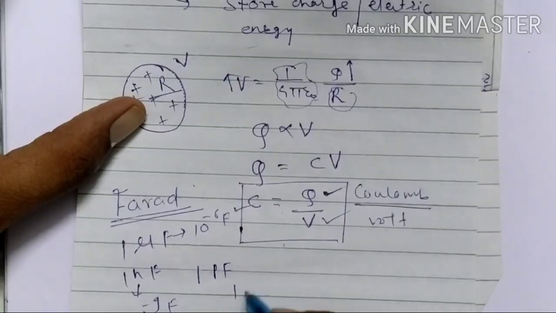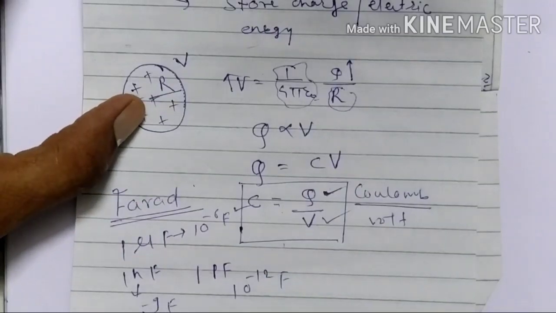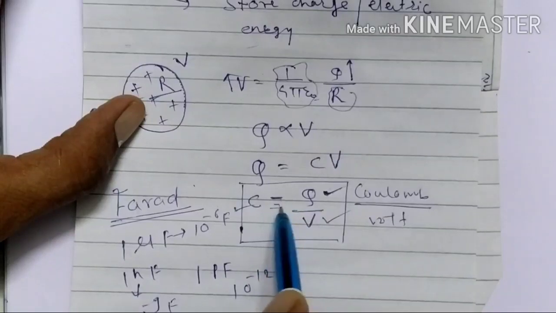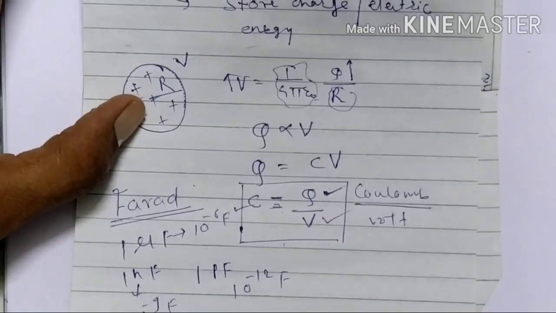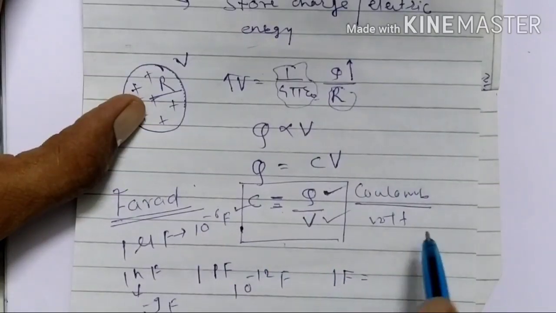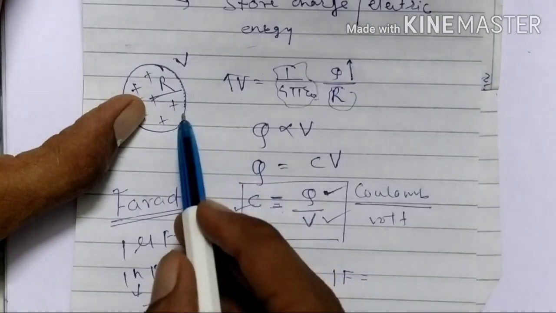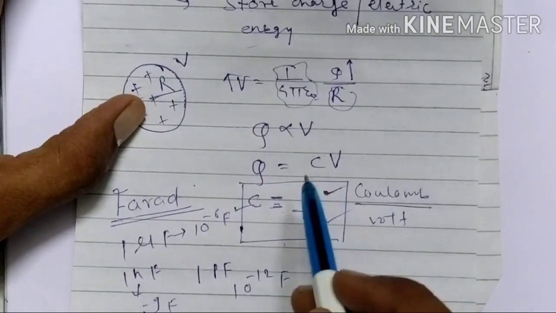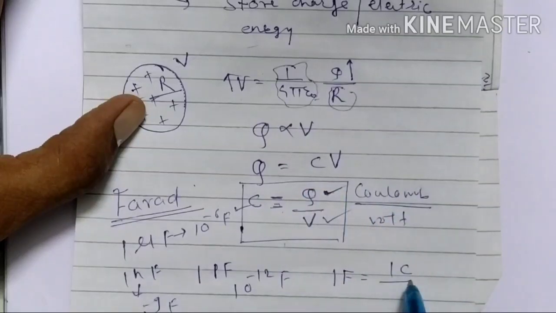And 1 picofarad means 10 raised to minus 12 farad. And always remember, the capacitance of a capacitor is equal to Q upon V. Suppose the capacitance of a capacitor is 1 farad. Then the potential of the capacitor increases by 1 volt when 1 coulomb of charge is provided to it.